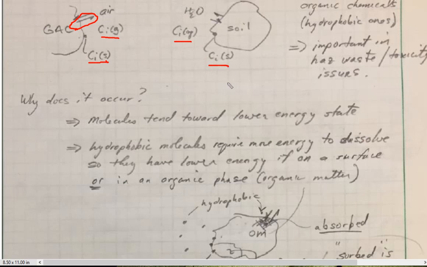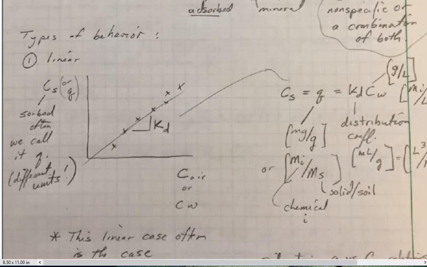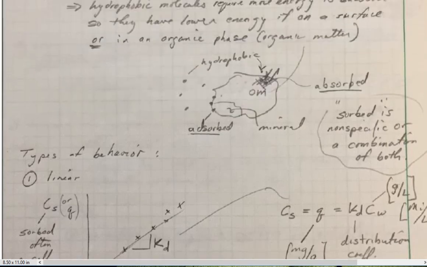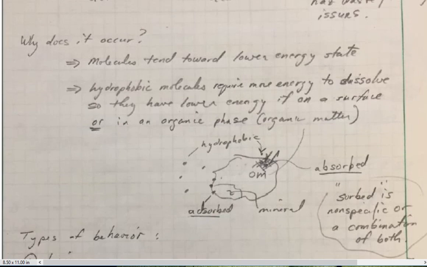Why does it occur? Well, the molecules are tending to lower their energy. If it's a hydrophobic molecule, it takes a lot of energy to hold it in the water.